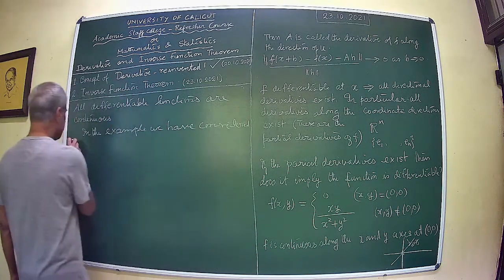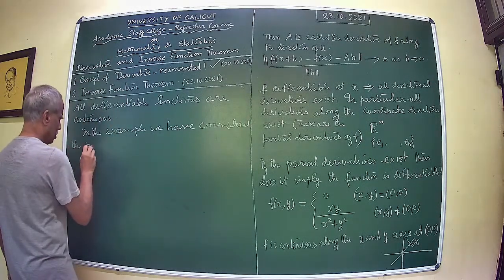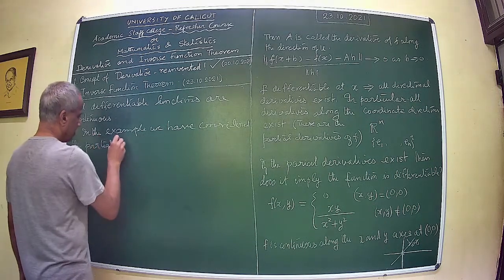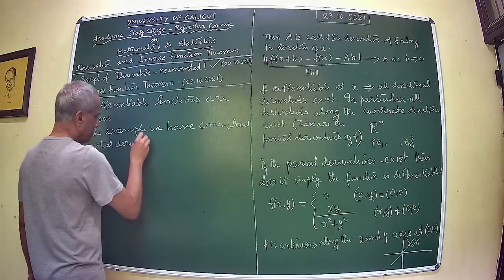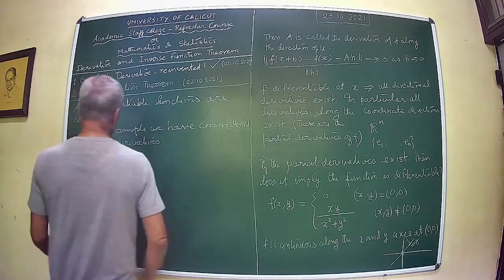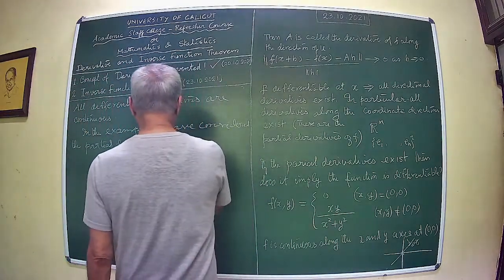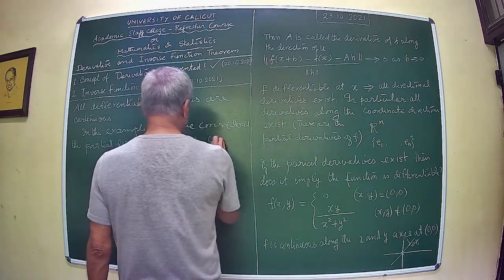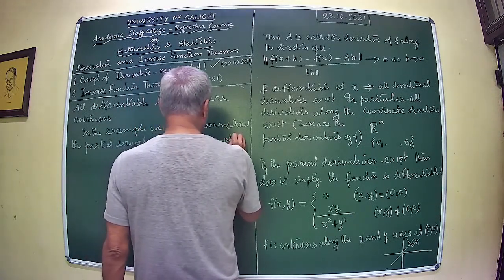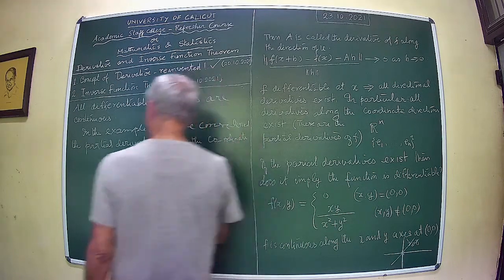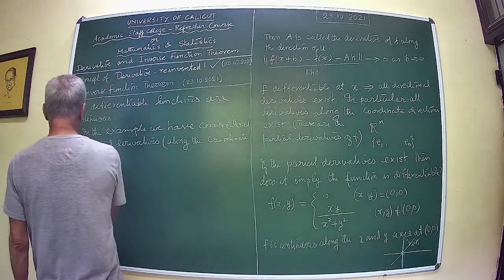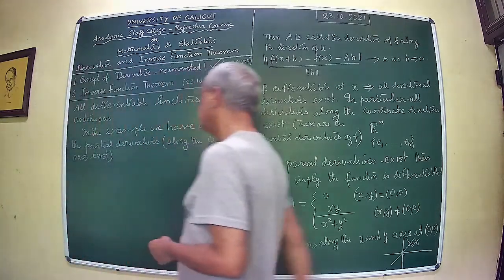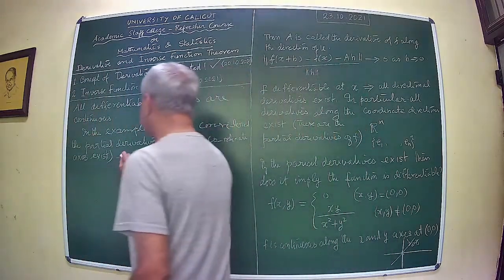The example: the partial derivatives exist along the coordinate axis. Why?